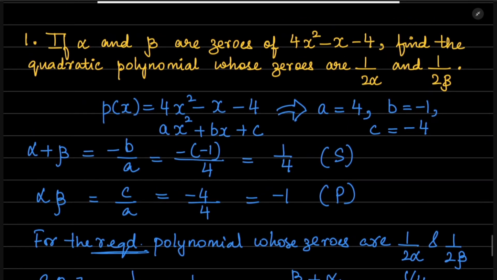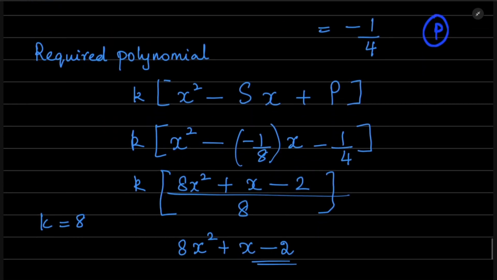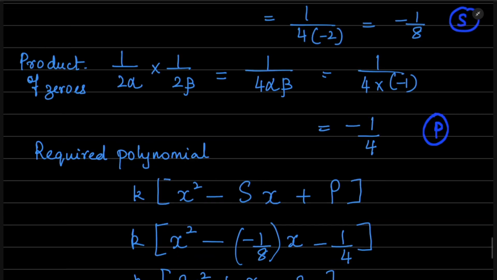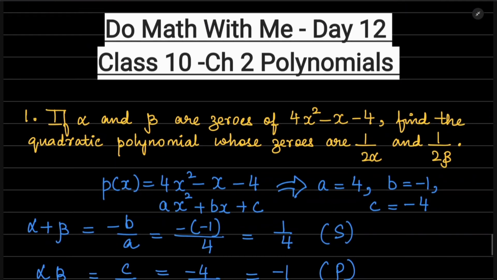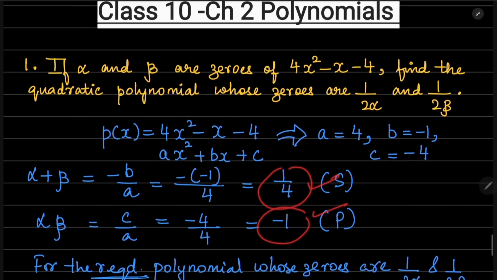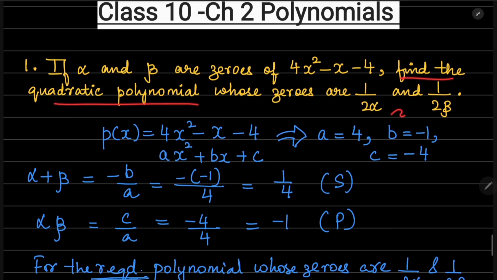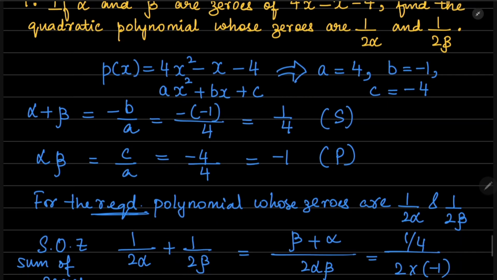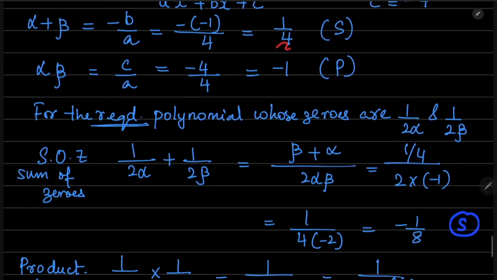Please make sure you actually solve this question yourself and then verify your answer. So this is that required polynomial whose zeros will be 1 by 2 alpha and 1 by 2 beta. From the given polynomial, we are finding out the sum of the zeros and the product of the zeros.